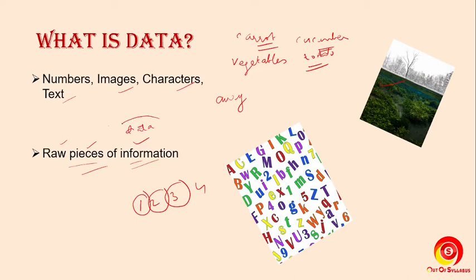So we'll need to group this data. When we made a curry, we grouped carrot plus cucumber, and then we grouped it with tomato, and then finally made the curry. So likewise, we'll have to group it in order to use it effectively and efficiently.